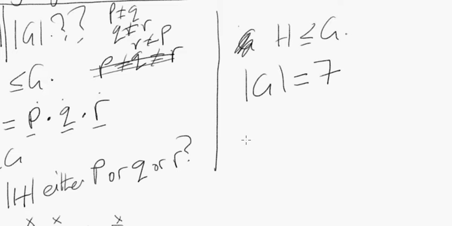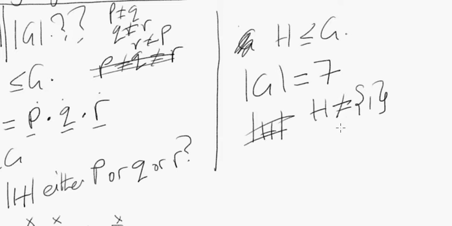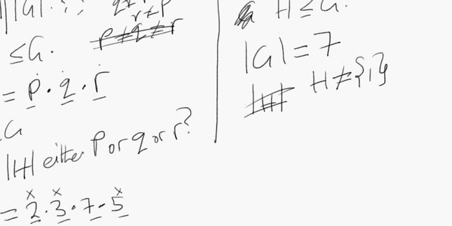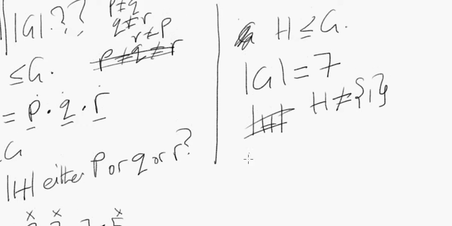And let's say we know that H is a subgroup of G, but H is not the identity group. It's not the trivial group. Given Lagrange's theorem that the order of every subgroup must divide the order of the group, what does that tell us the order of H has to be? Does it tell us that the order of H has to be 7?